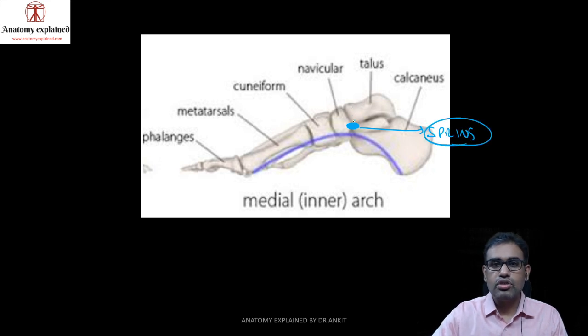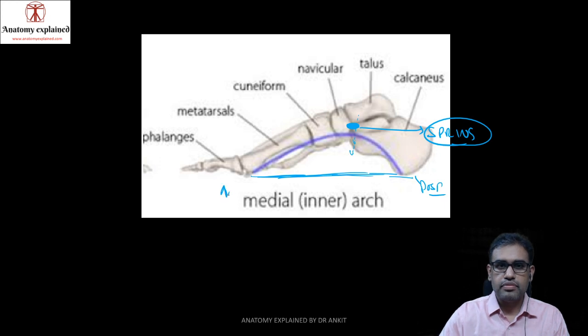So head of talus should not go down. So if this spring ligament is not efficient, it will stretch and collapse. So the head of talus will actually start to go down, and the arch would start to collapse. So very important ligament. Then on the inferior surface of the sole, we have this whole plantar aponeurosis, which goes from the posterior pillar to the anterior pillar.